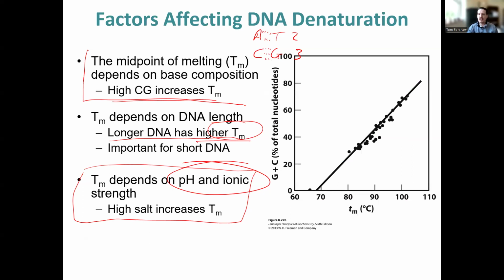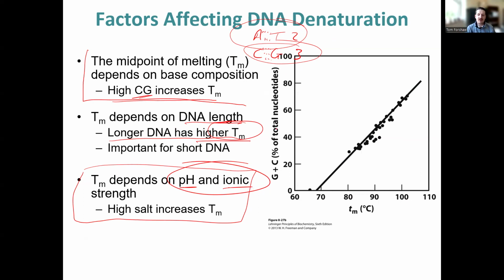Some parts will do it more than others, depending on the bases, because the bases will have different attractions for each other and require more energy and heat to break them apart. And the heat required to break apart 50% of the DNA strand is known as its TM, and it's affected by GC, length, and ionic strength and pH.